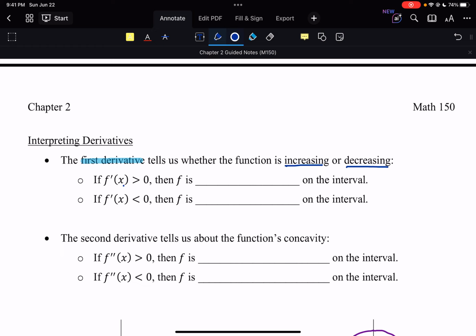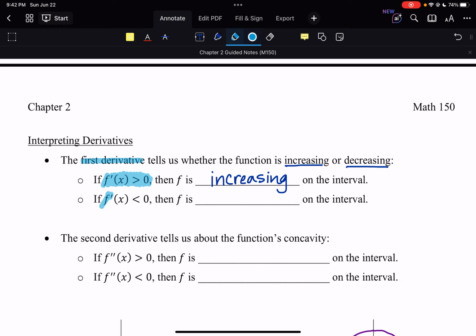If f prime of x is greater than 0, so our derivative is positive, then f is increasing on that interval.